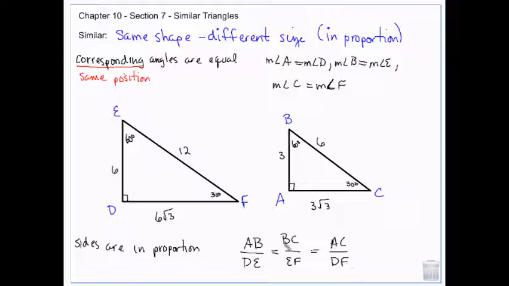So the three sides, small over large, small over large, small over large, corresponding sides in fractions together will be equal.